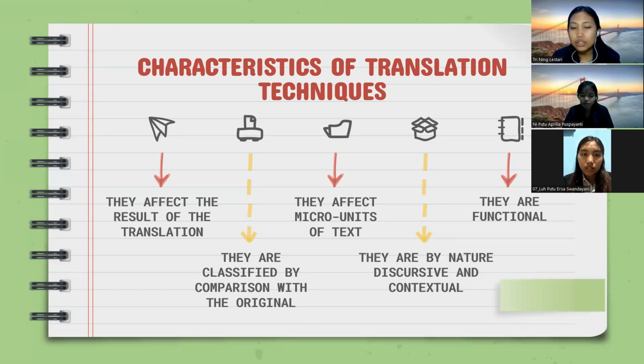The second is classified based on comparison with the original, which means whether the text is appropriate to the language, region or country, and everything else must also be appropriate to the context and not deviate from the meaning of the text.